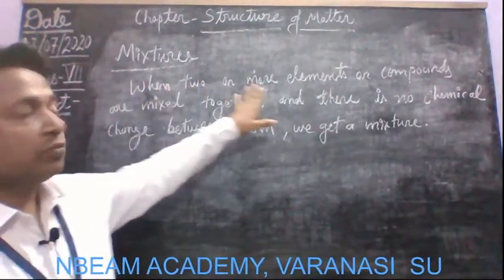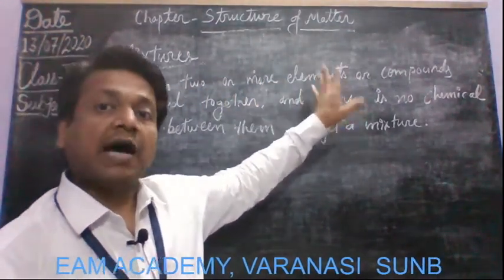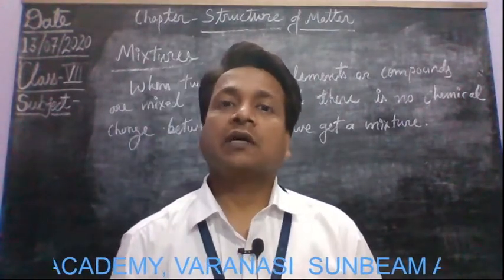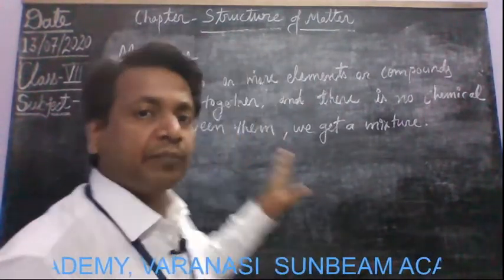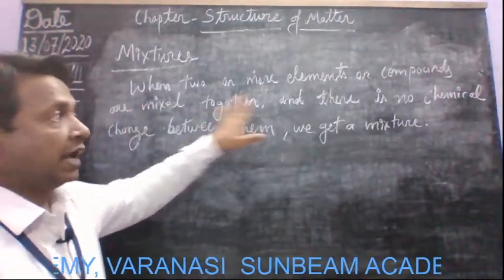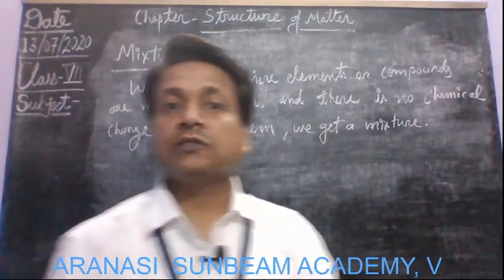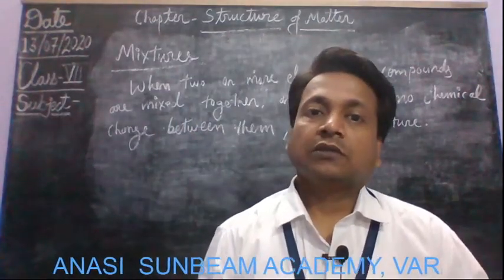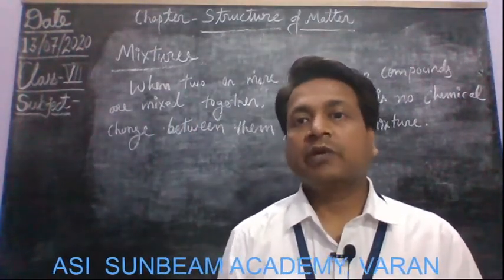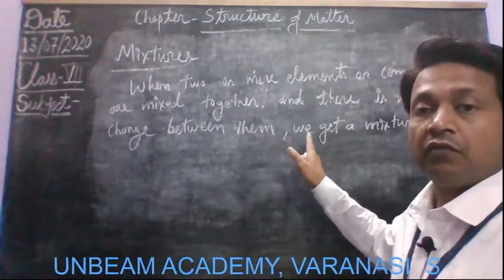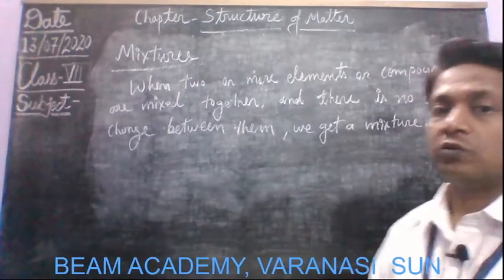When two or more elements or compounds, we can take elements or we can take compounds, anything, are mixed together and there is no chemical change while mixing, physical change will be there, but no chemical change, then we get a mixture only.